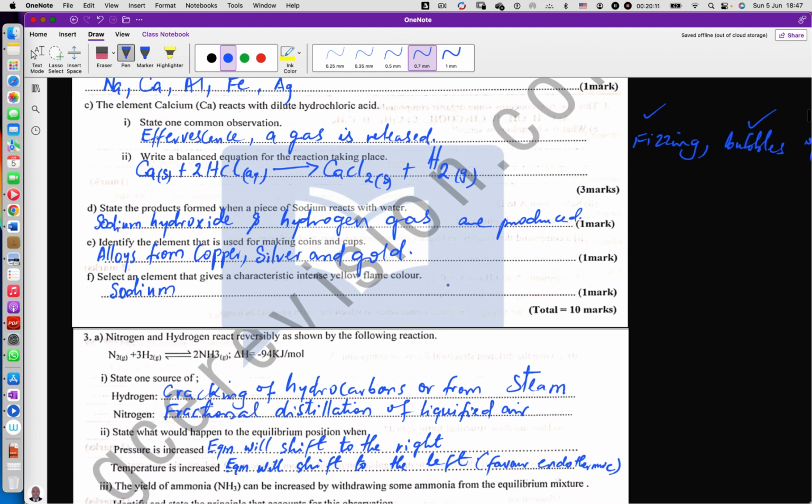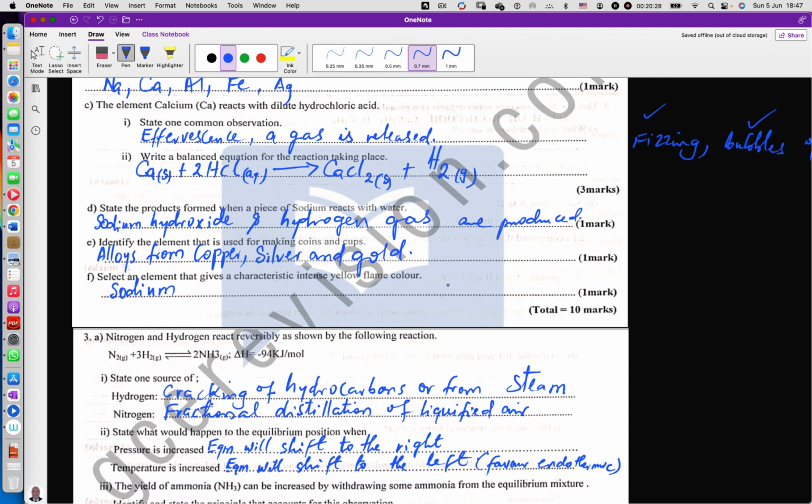Okay, that is okay. Now state the product formed when a piece of sodium reacts with water.